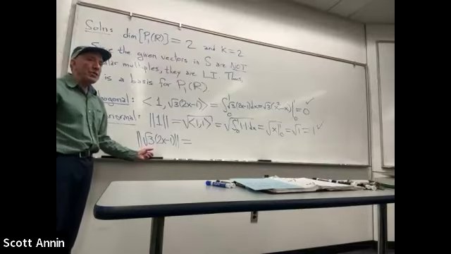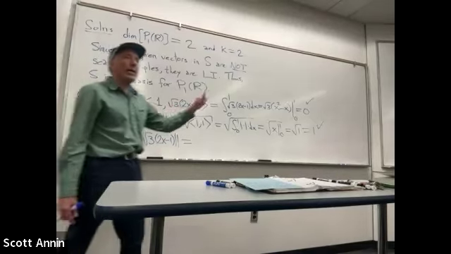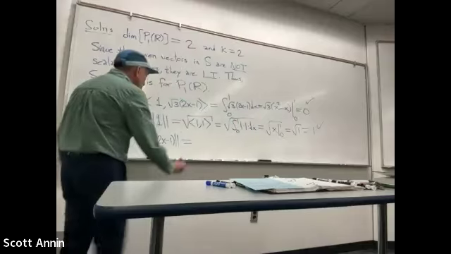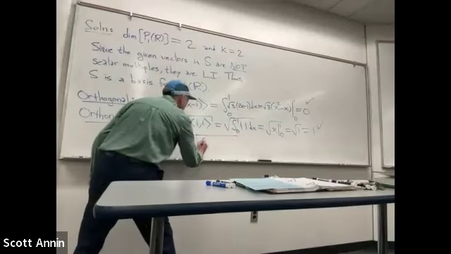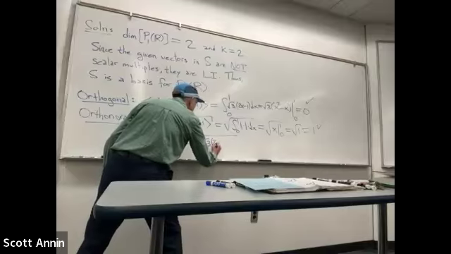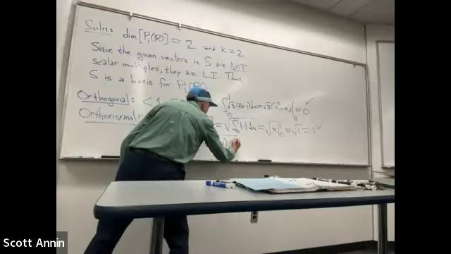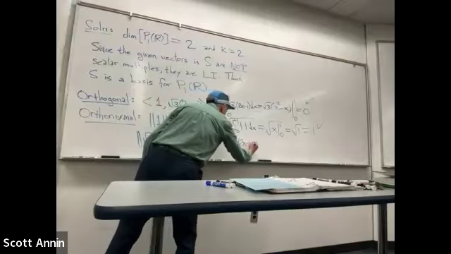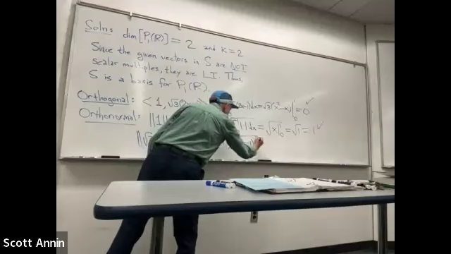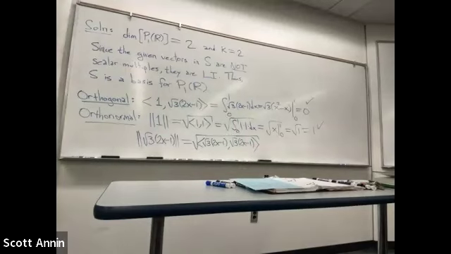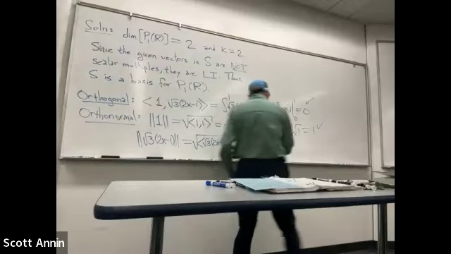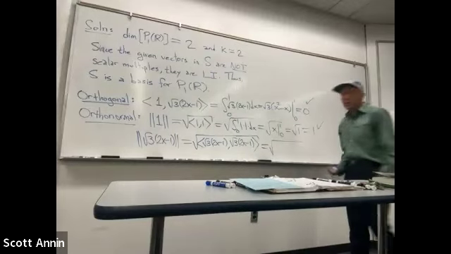The second one's a little bit messier, but we should end up also getting a 1 as the answer. Let's check it. If I take the square root of the inner product of radical 3 times 2x minus 1 with radical 3 times 2x minus 1. Okay, so it is a little messier, but it's the same concept. Underneath this radical, we are going to have an integral that we have to look at.